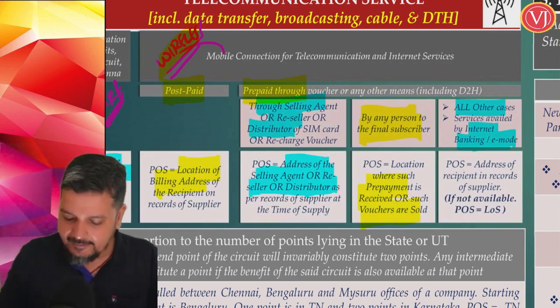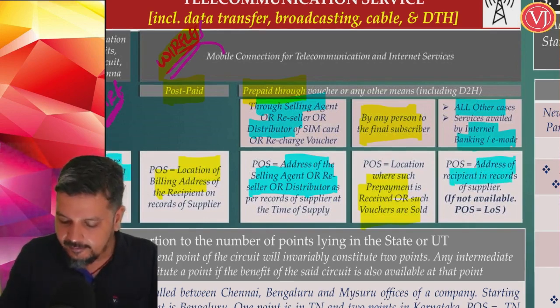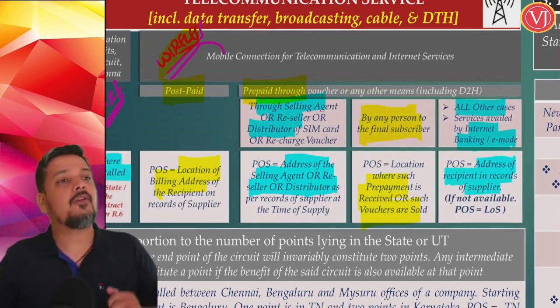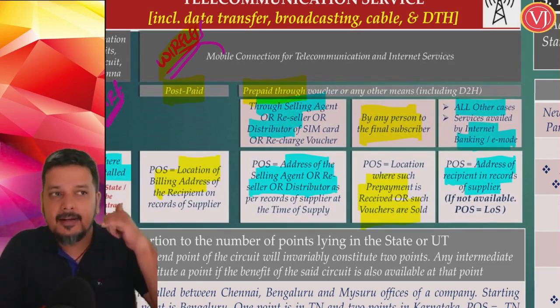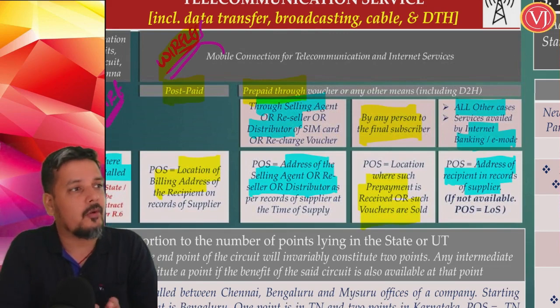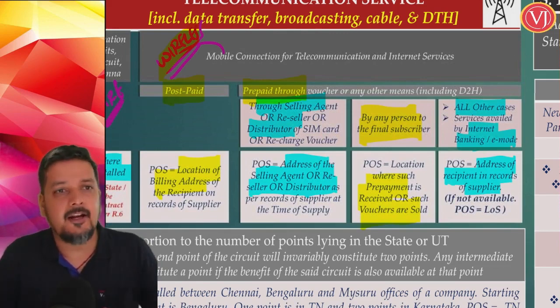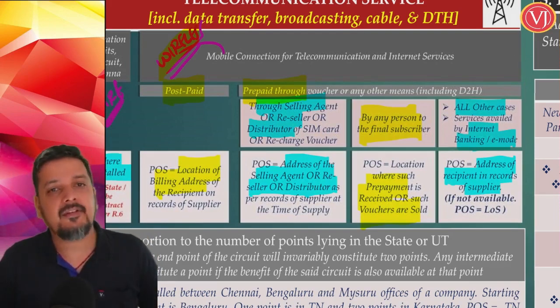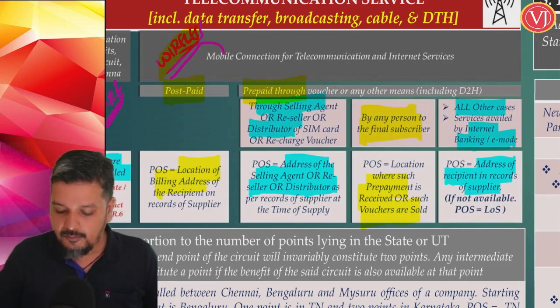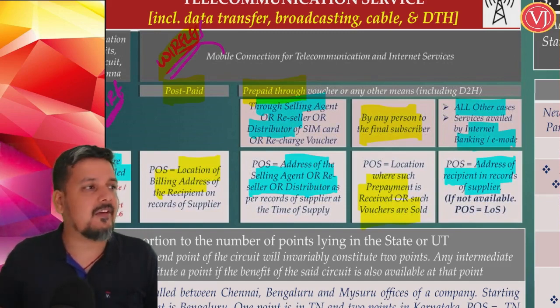In that case, it is the address of the recipient in the records. You don't go to the distributor's place and give him cash. You directly call him and ask him to do the recharge, and you make the payment by internet or any electronic mode. In that case, the place of supply is the location of the recipient which is available in the records.